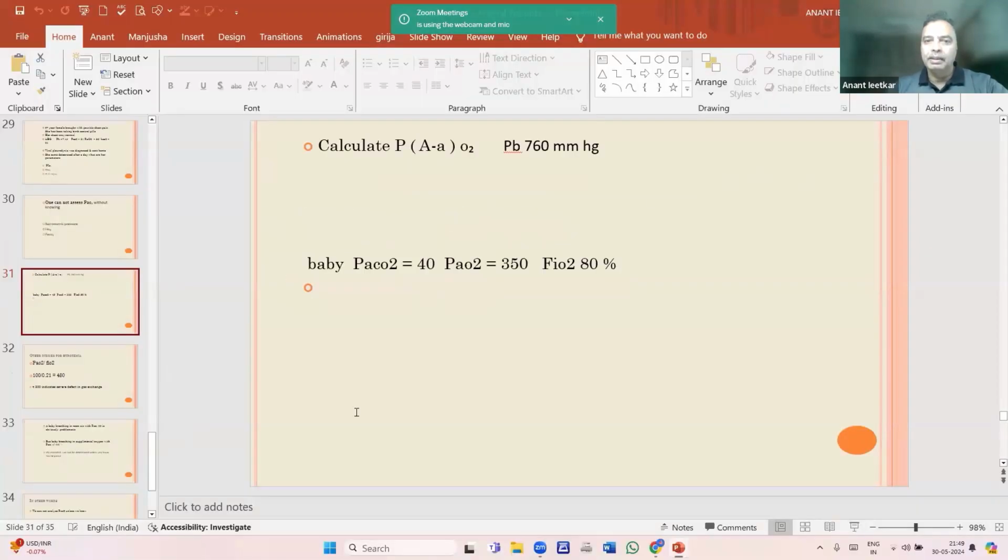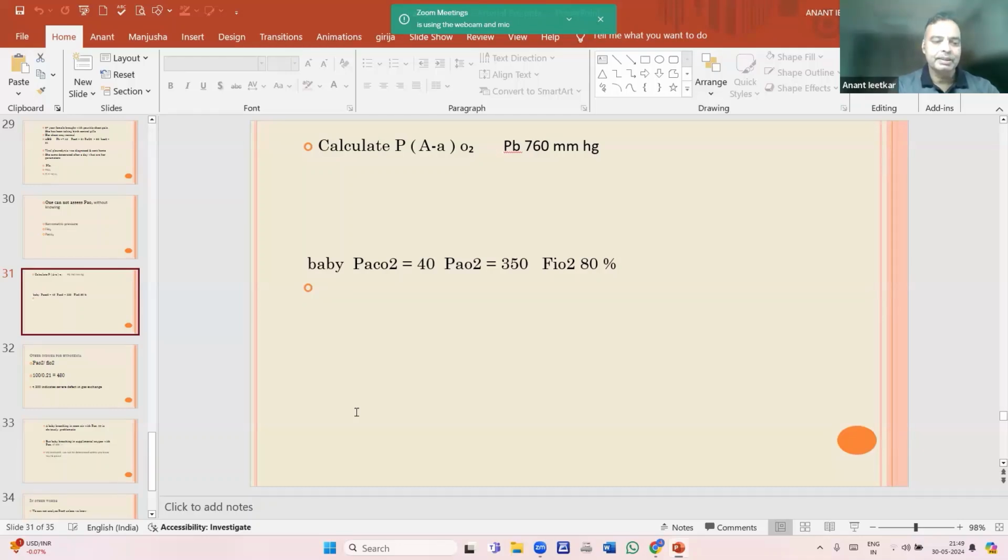Now, calculate AADO2 at sea level, where the PaCO2 is 40, PaO2 is 350, and FiO2 is 80%. So would anybody like to calculate this?